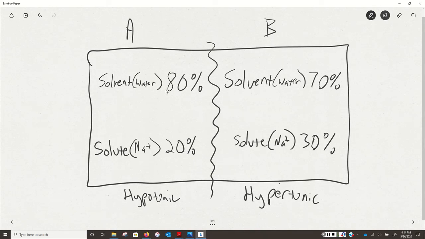Instead, water can move because it's 80% here and 70% here, and water will move from high to low. Now that is correct. A will lose water and B will gain water. But there is a different reason why that water is moving.